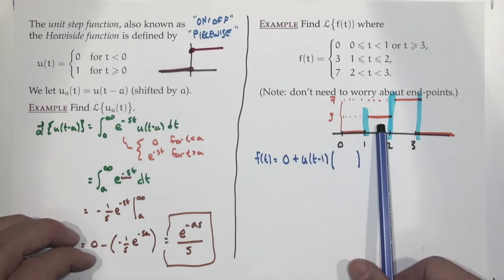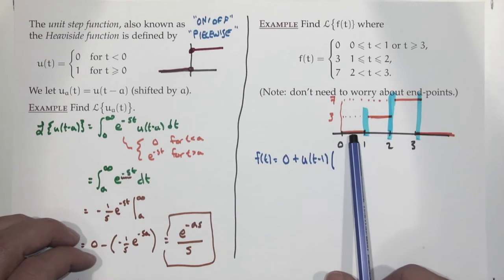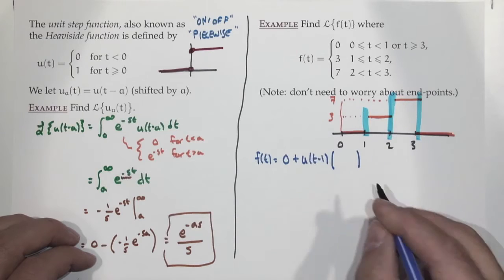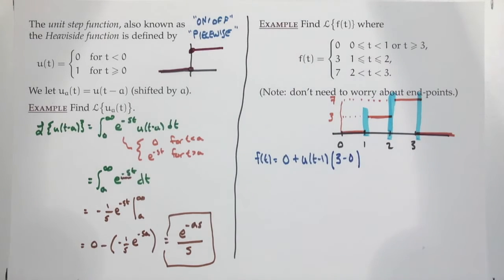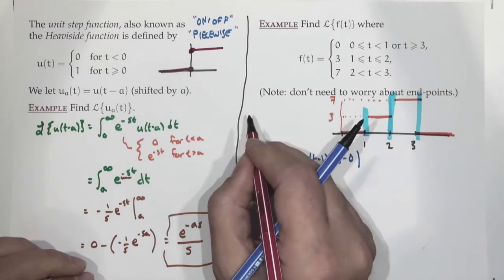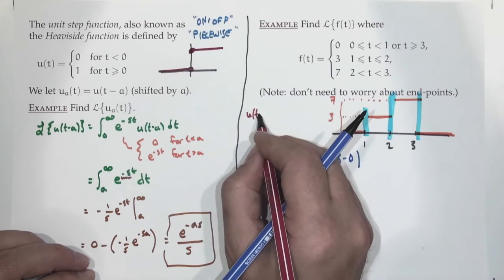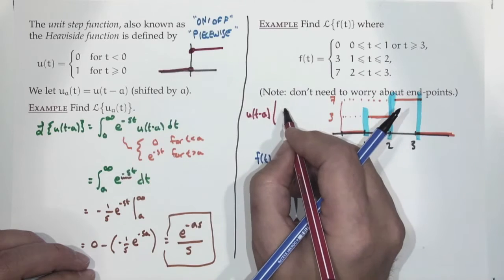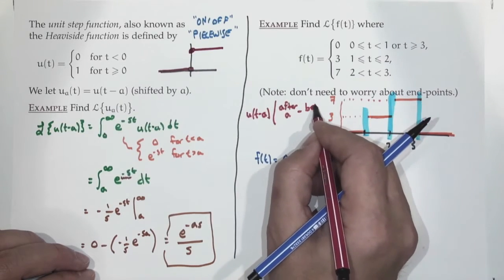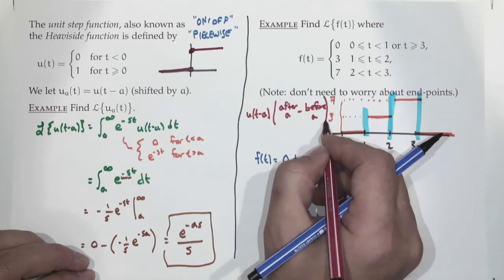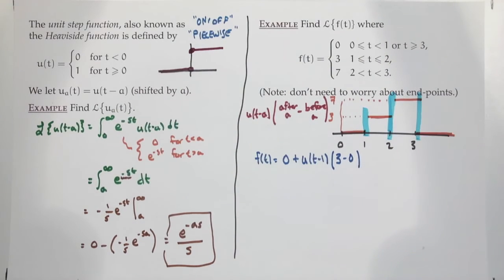What's our new behavior going to be? 3. What was our old behavior? 0. So you put in 3 minus 0. Okay, so we'll make a little side note here for reference. u of t minus a: what's the behavior after a? Subtract what came before a. That's the idea.